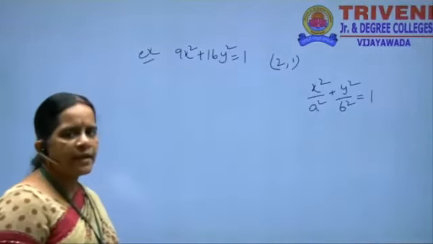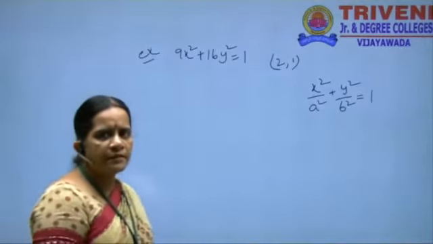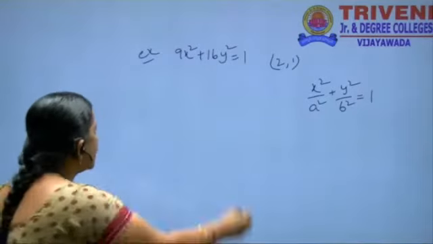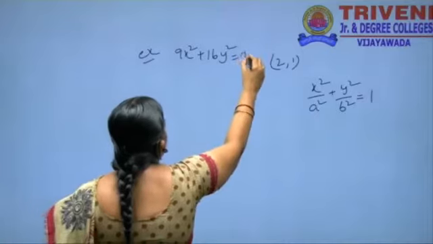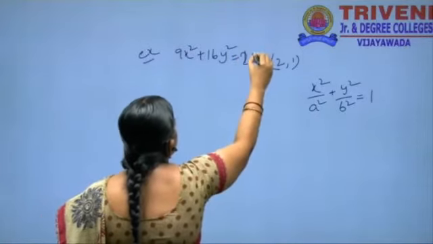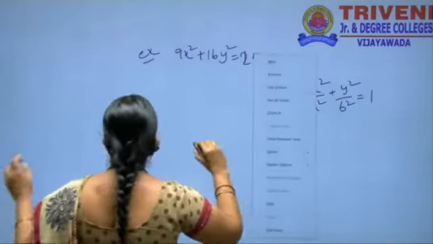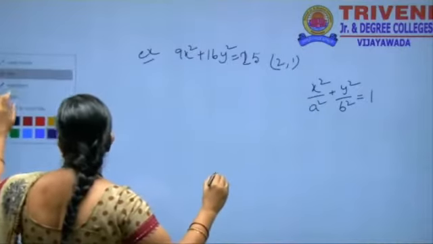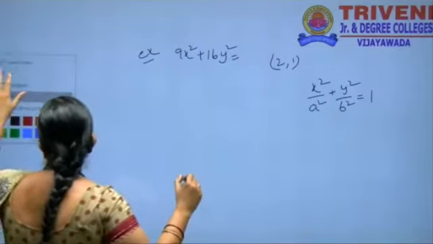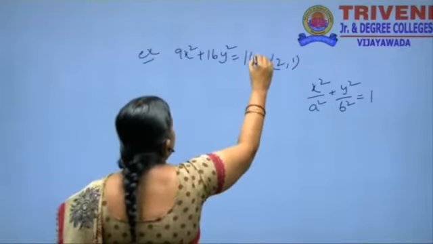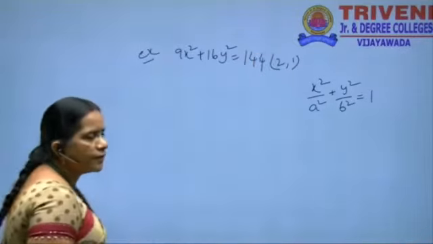So 9x square plus 16y square is equal to 144.